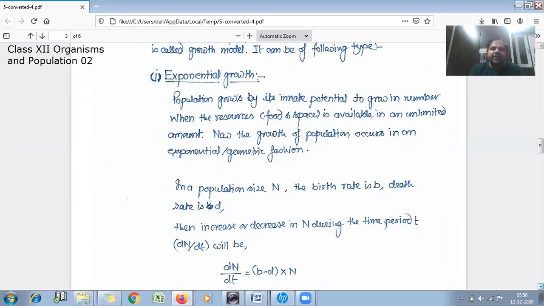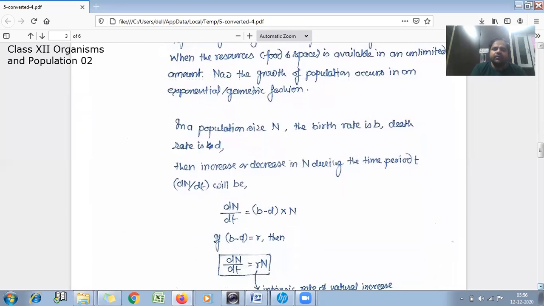In a population, if there is a population size N, the birth rate is B and the death rate is D, then the increase or decrease in N during the time period t, dN by dt, will be B minus D into N. So dN by dt is equal to B minus D into N, where B is the birth rate and D is the death rate.